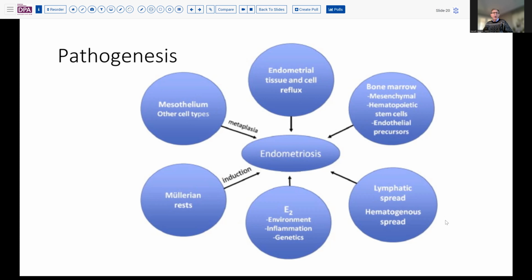Hematogenous or lymphatic spread has also been hypothesized and may explain the appearance in lymph nodes and other more distant locations.